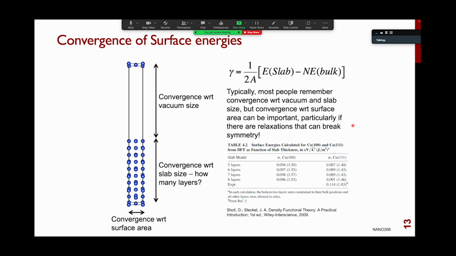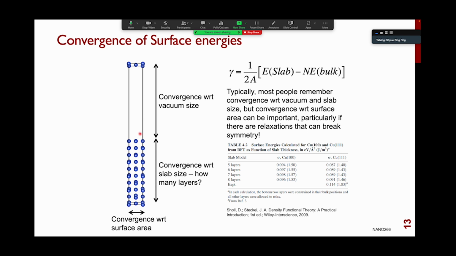Now I'm going to talk a little bit about the different types of properties of surfaces that you would be exploring. The first one is, of course, the surface energy. Surface energy is the excess energy of your slab relative to the bulk. Keep in mind that atoms in the bulk are always in their lowest energy form.